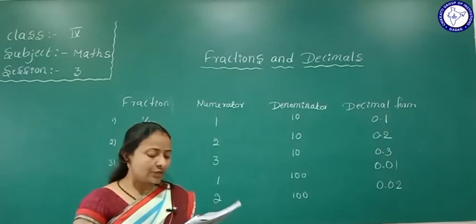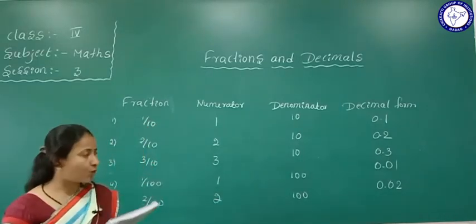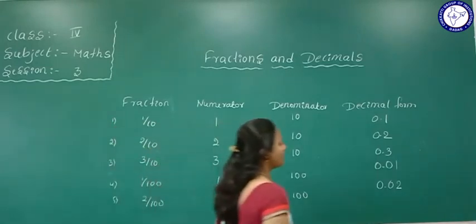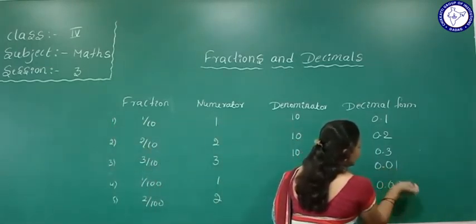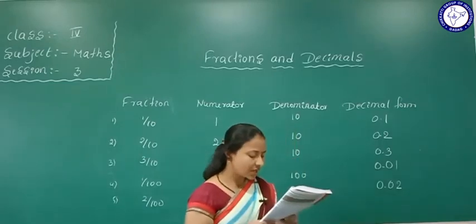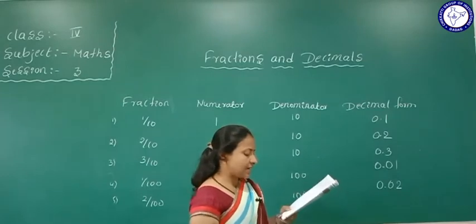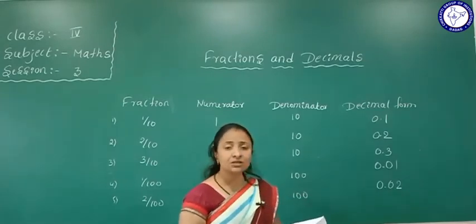Okay. So in a number, if there is a decimal point, it is called a decimal number. So these numbers we will call decimal numbers. And so decimal is another form of expressing fractions.